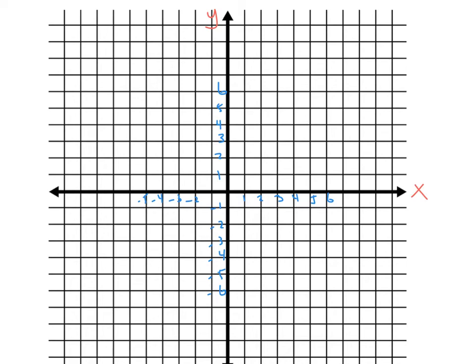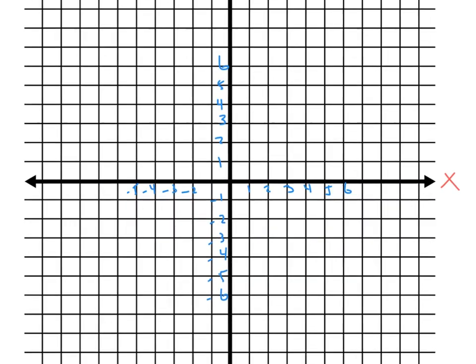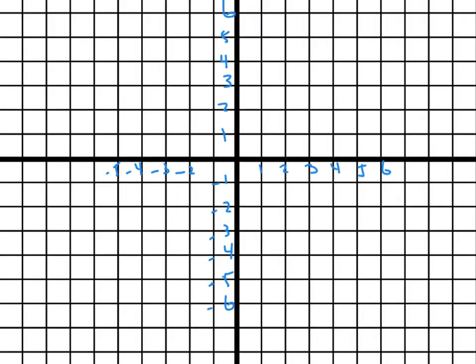So for our first example, our b value or y-intercept value was negative 2. So on my y-axis, I'm going to go down to negative 2 and I'm going to put a point on negative 2. So here's my first data point.